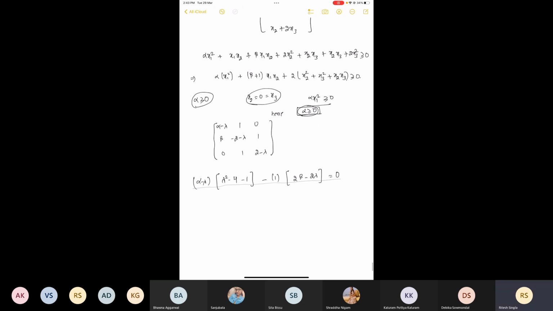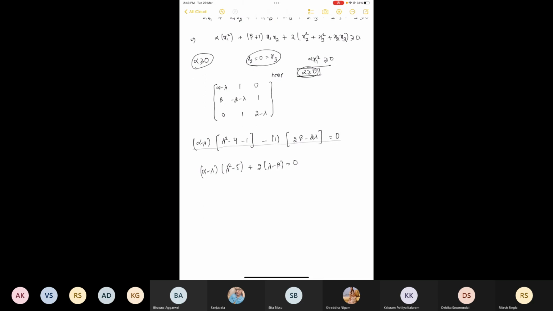On solving, this cubic equation will result in lambda in the form of some f1(alpha, beta), f2(alpha, beta), and f3(alpha, beta), right?